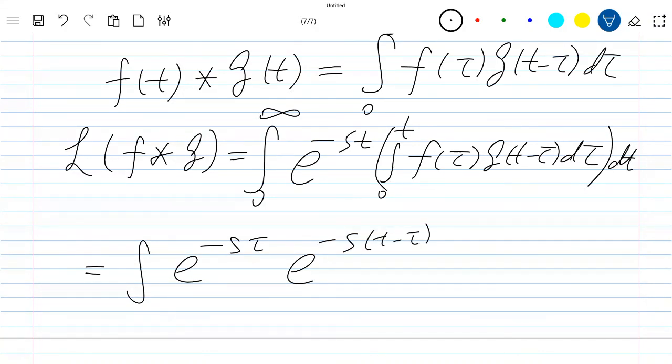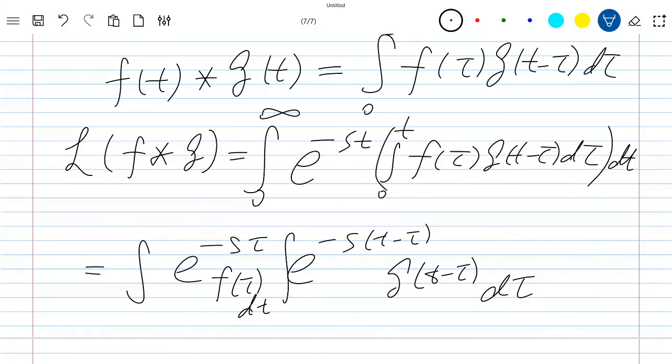Because they add together to e to the negative st. And if you combine it with f of tau and g of t minus tau, then integrate over t, and then over tau, you can do them separately, right?